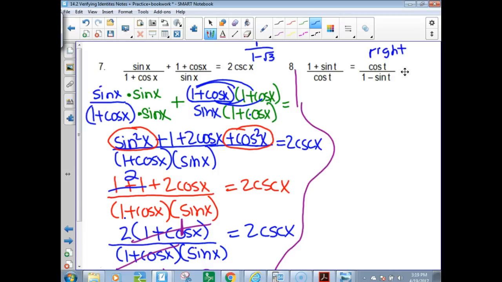Let's multiply by, I'm just going to rewrite the left. I'm going to multiply the right side, top and bottom, by the conjugate of the denominator, which would be 1 plus the sine of t.